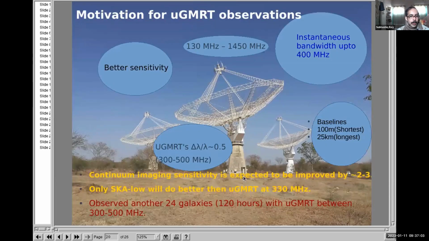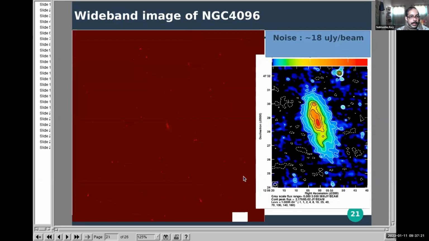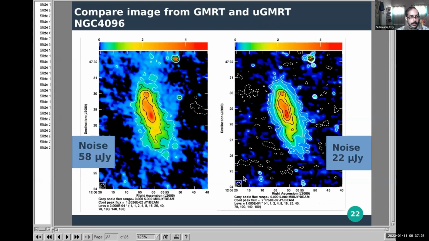Other than the 7 galaxies, 24 more galaxies have been observed with uGMRT. We are not really going into any details of it. Some of these galaxies have already been analyzed. Typically we are seeing a factor of 2 improvement in noise, which we expected anyway because of the larger bandwidth, from 32 megahertz to about 200 megahertz.